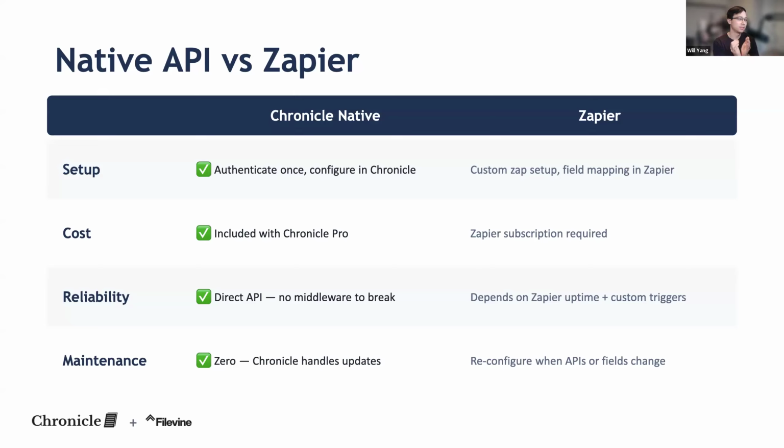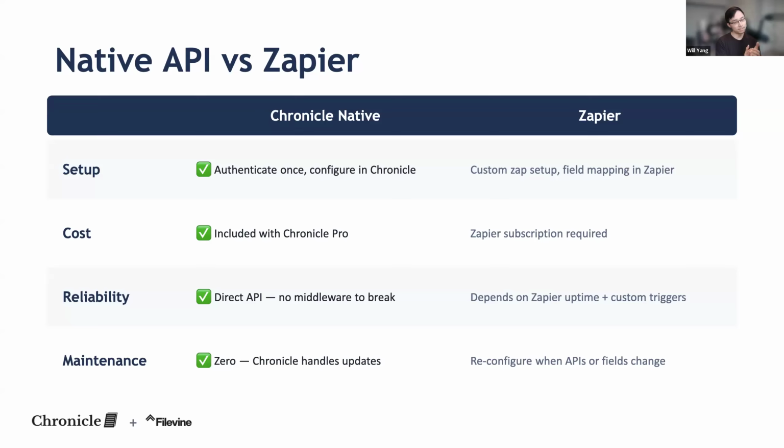And I know there's some questions that may come in, in terms of in the past, we may have advised you to set up a Zapier instance. And you might be wondering, if you tried Zapier, what are some of those limitations or differences with this native integration? So now that we have this native integration with Filevine, what this allows you to do is essentially authenticate and configure it once, as opposed to having to manage all of these other potential setups and zaps through Zapier in order for this same functionality to exist through a Zapier flow.